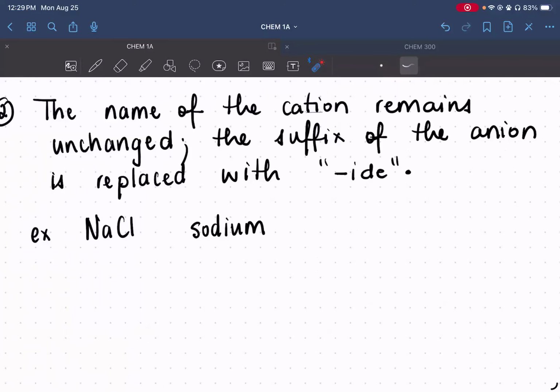And then we have Cl, which is chlorine. But of course, in the case of the anion, the suffix is replaced with "ide." How do we know that the chlorine was negative? Well, number 1, it's on the right in the formula. That's our big hint giveaway that it's negative.